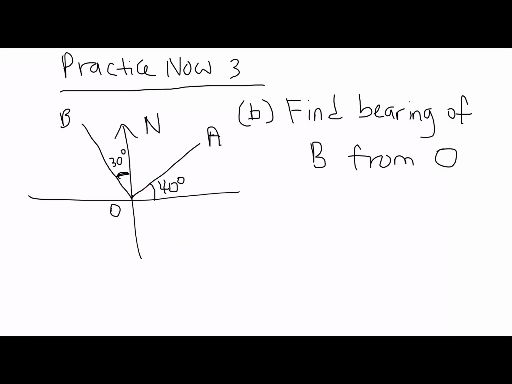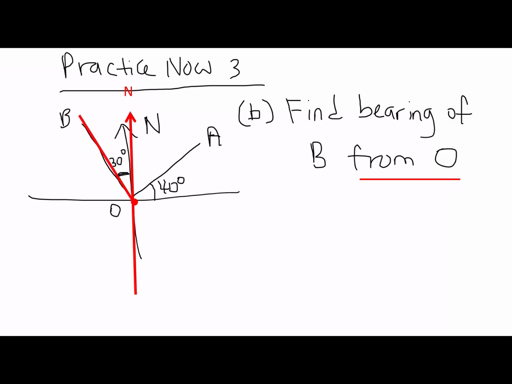Next, bearing of B from O. So what is the object that is looking? O, which is here. So at point O, I draw the north line. It's already drawn, so let me highlight it for you. Line of sight, the line OB. And then you draw the bearing from the north line to this line of sight in a clockwise manner.